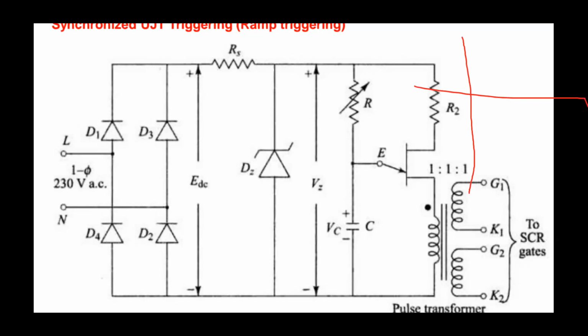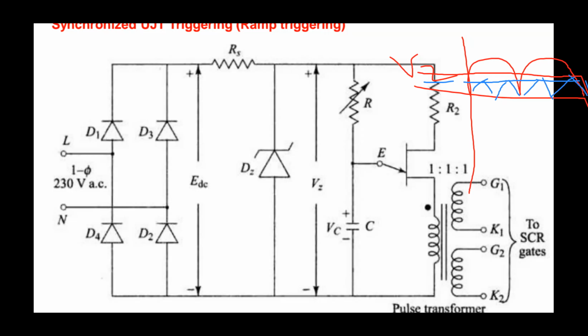This is going to be the pulsating DC, and I am using VZ here in order to clip out the peak parts of the signals. So when VZ is applied to the RC circuit, the capacitor will start charging, and I am going to get charging and discharging of the capacitor like this.